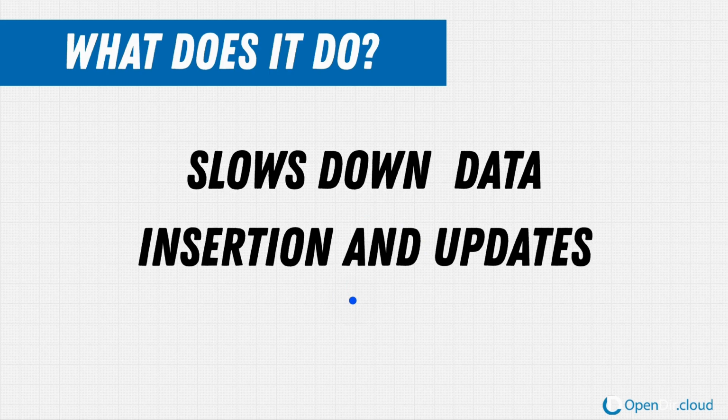Now, it does slow down data insertion and updates. What do I mean by that? For every benefit, there is a cost. Nothing you get can come without having a downside. And so the downside of indexing is, if you add an index on certain columns, if you're adding a table of contents against category and price and so forth, it's going to be very fast to look up against those once the data is indexed.